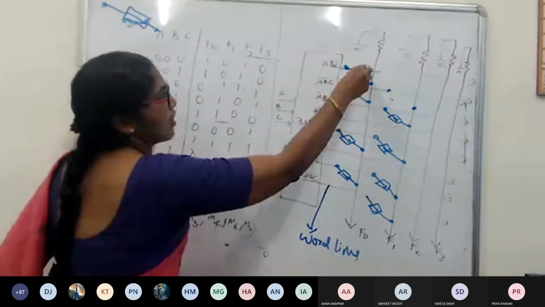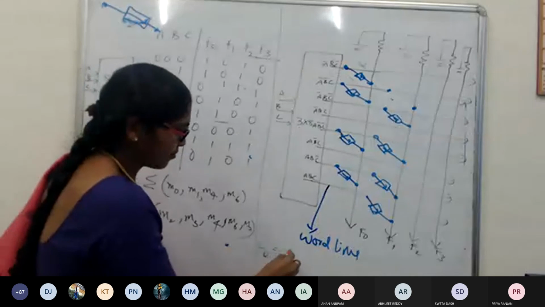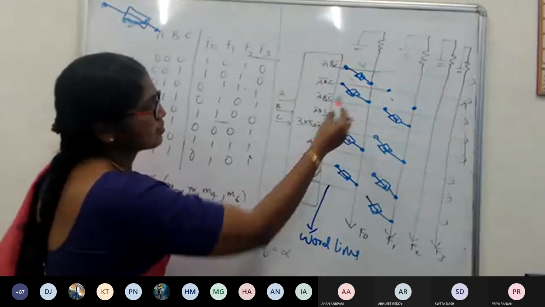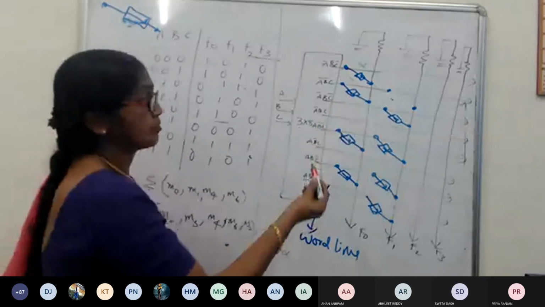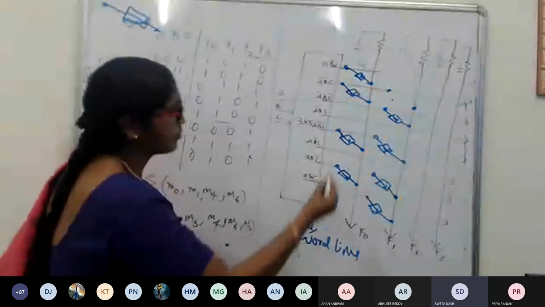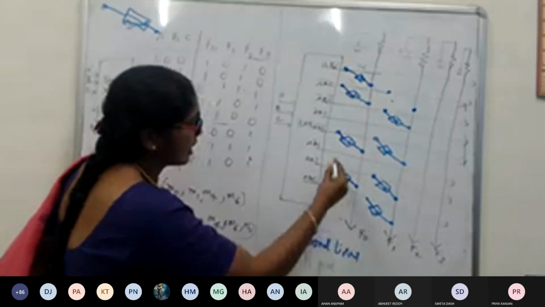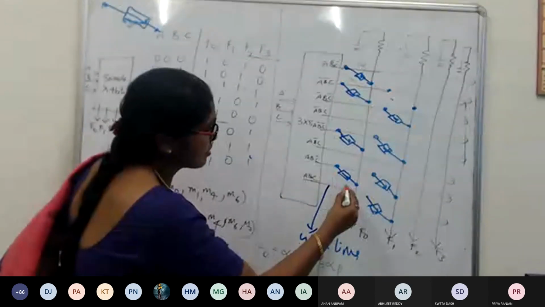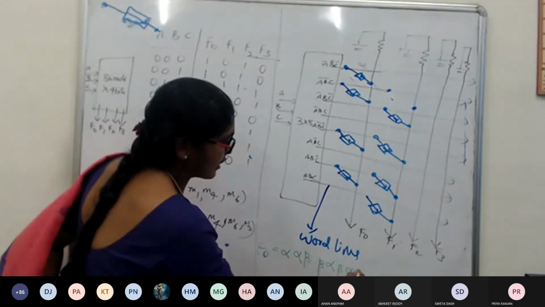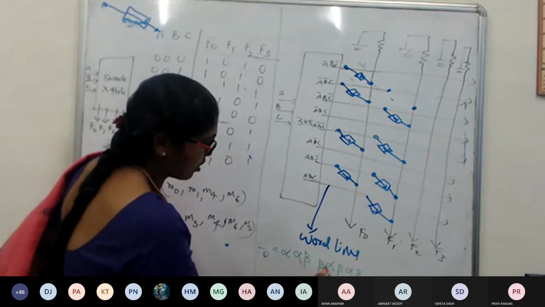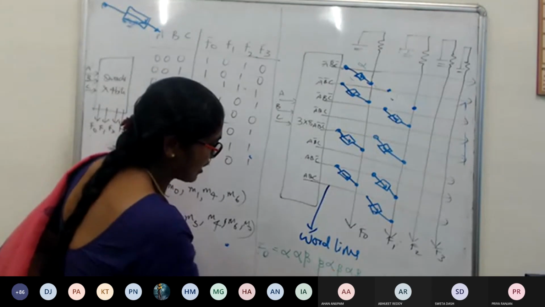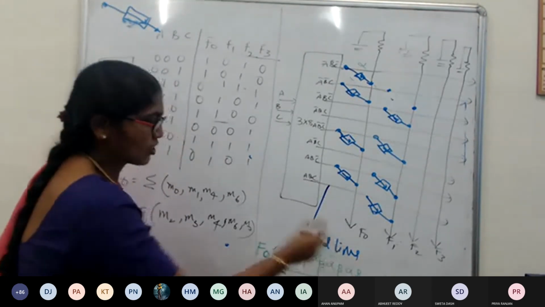I'll start. This is alpha. Starting with alpha, right? First one is connected. Then comes another alpha. Then comes beta. Then comes beta. Then comes alpha. Then comes beta. Then comes alpha. Then beta. Is that correct? Is this the F naught thing, if I keep this notation?